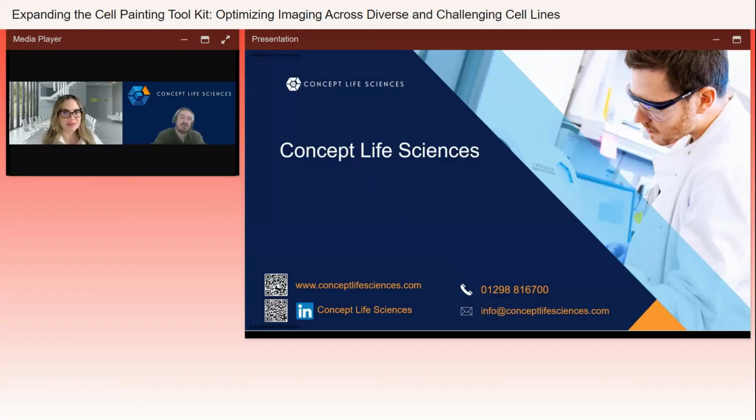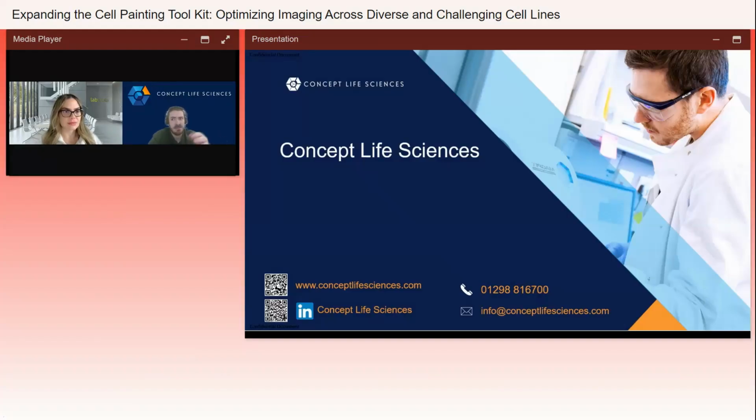So the data analysis itself is actually performed on the equipment itself. It's run in something called HCS Studio, and that's where all the analysis is done. So you take representative images of some test wells prior to a full plate acquisition, apply the masking protocols on that, and then the software and the high content imager itself will be capturing the images and analyzing the data at the same time.